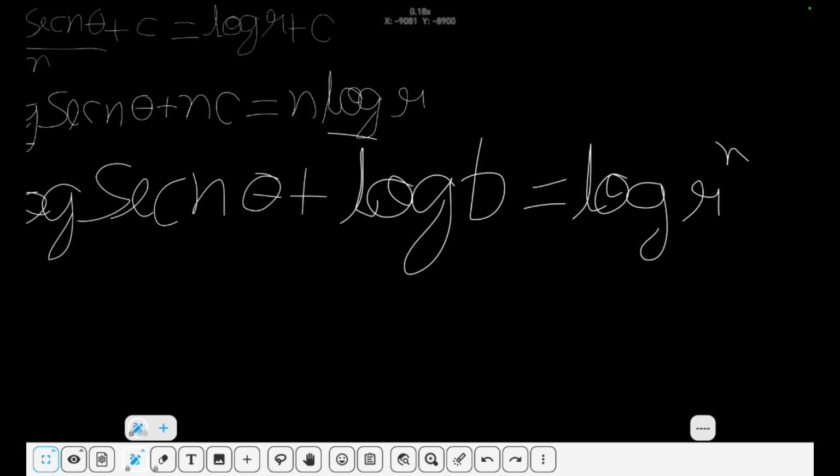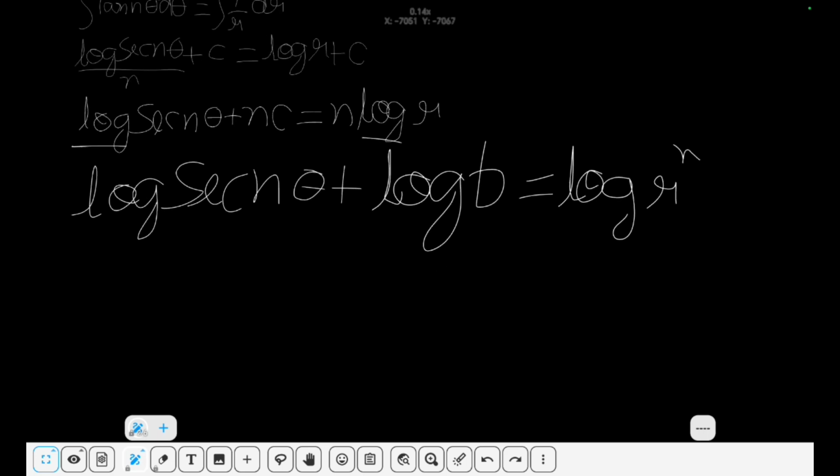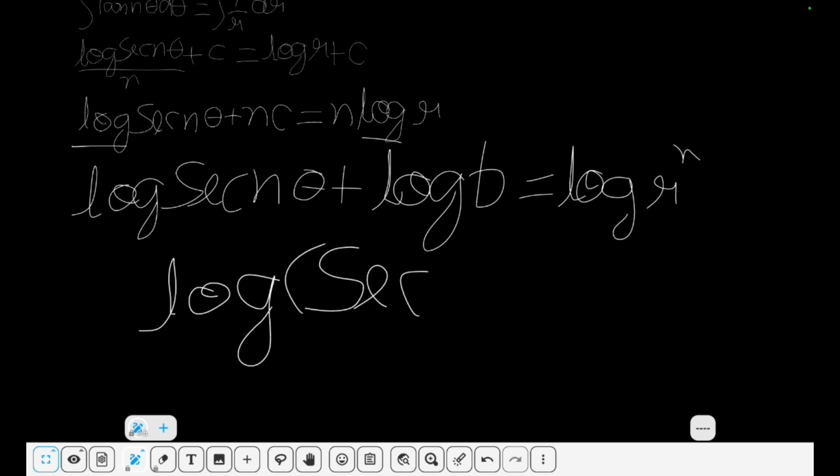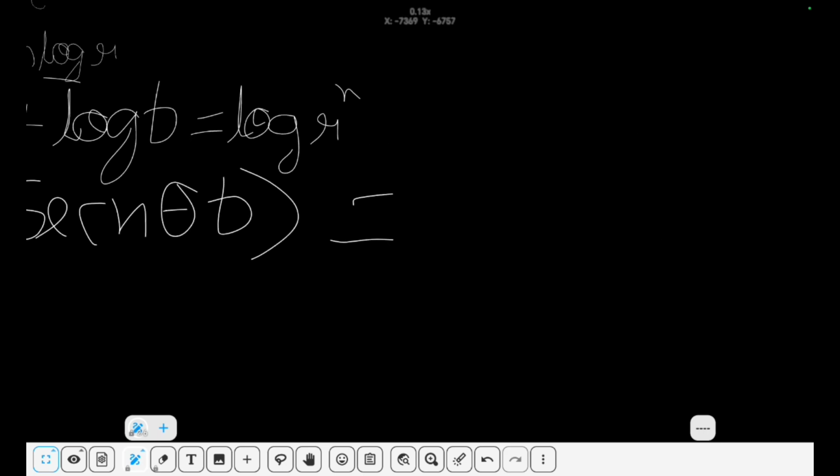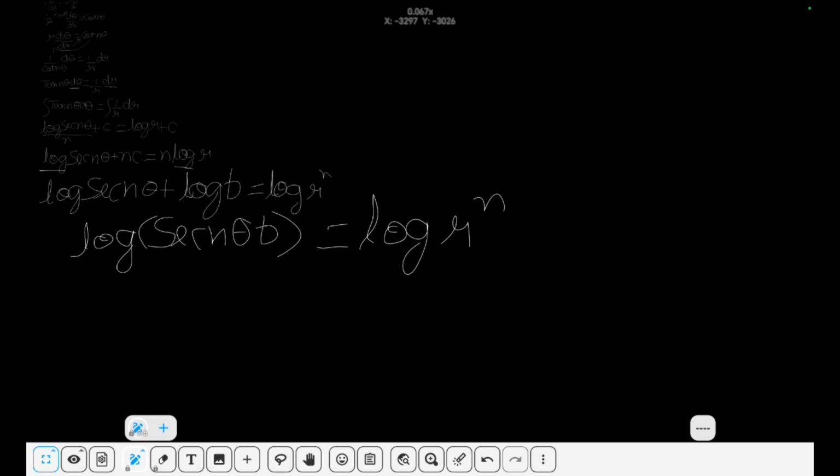So I can cancel out log and log now. How? Log a plus log b can be written as log of a into b equals log of r power n. Log and log cancel.